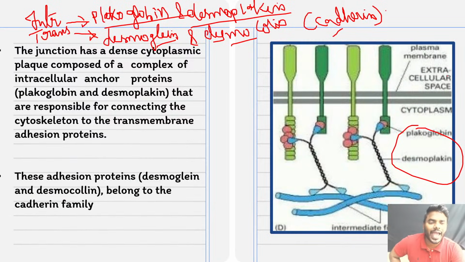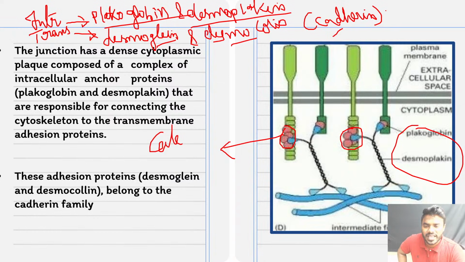But they are not actually what we can call an adapter protein. There are certain adapter proteins, and you can see in this diagram the light orange color. These are all the adapter proteins. Adapter proteins are catenins or the vinculins.